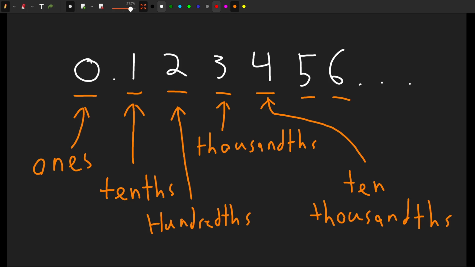And that pattern repeats. But as long as you realize that the number immediately after the decimal point is the tenths, the next one after is the hundredths, then thousandths, then 10,000ths. Notice another thing, that each of these end in -ths: tenths, hundredths, thousandths, 10,000ths. That's the formality that we use.